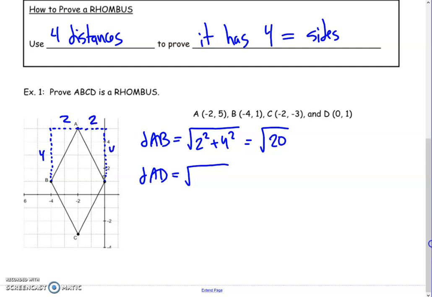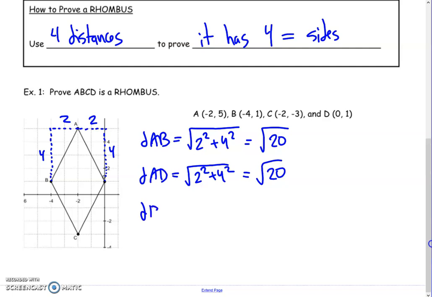And like we said, you notice that these numbers are going to be the same. It's still going to be 2 squared and 4 squared. You have to show the work. If you're using this formula, you have to show me on the grid delta x and delta y. Otherwise, you'd have to plug into the longer formula.